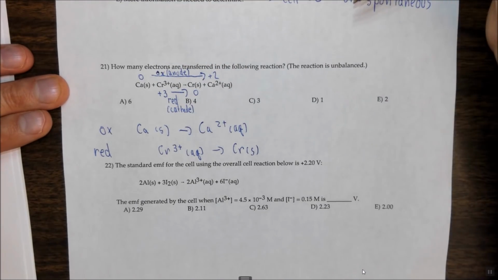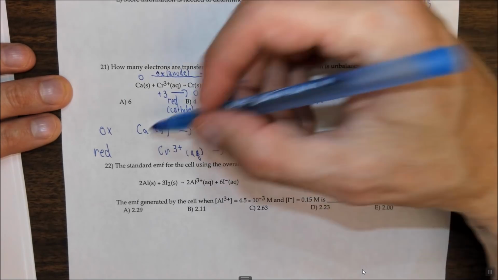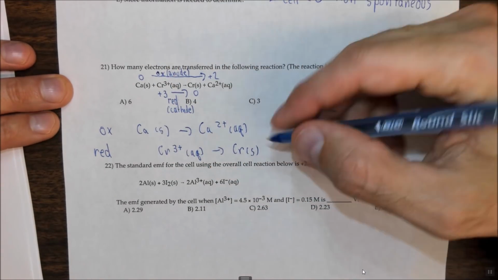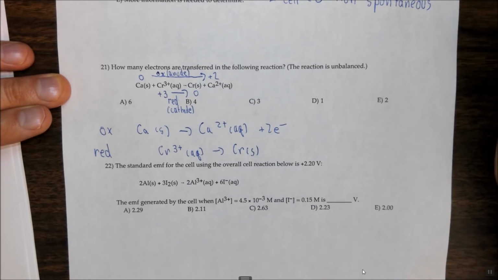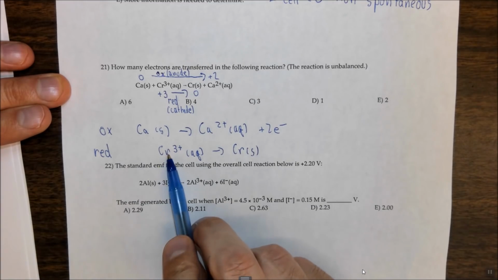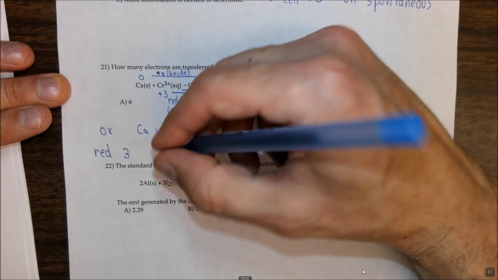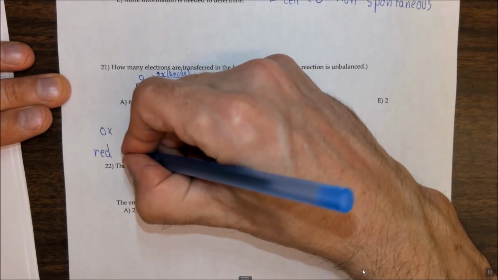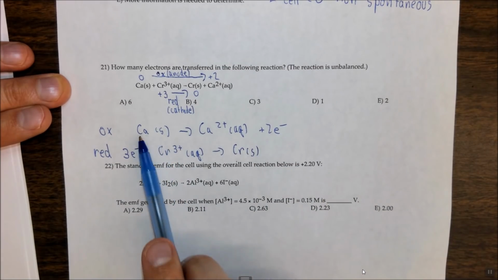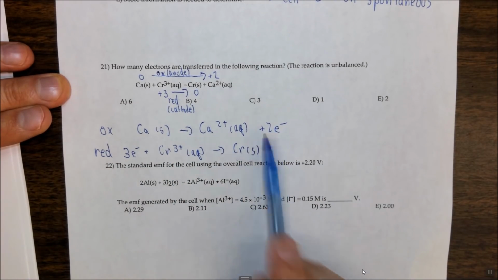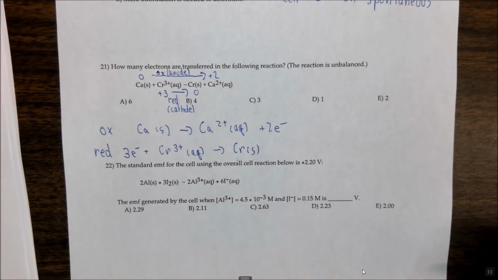Then we would do another step where we would balance the charges. Well, in this case, the calcium forms calcium 2+ plus 2 electrons. And to get chromium 3+ to form chromium, we have to add 3 electrons because we have to make the charges equal. So here it's 0, so +2 minus 2 is 0. Here it's 0, so +3 minus 3, it's 0, if you want to think about it that way.